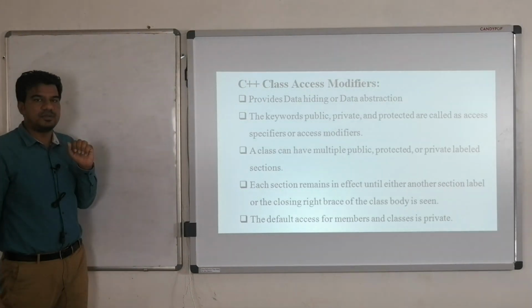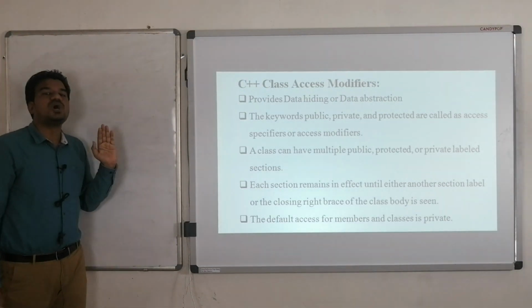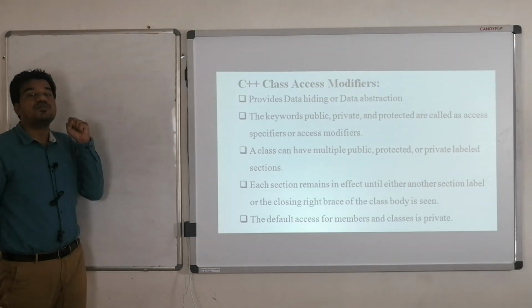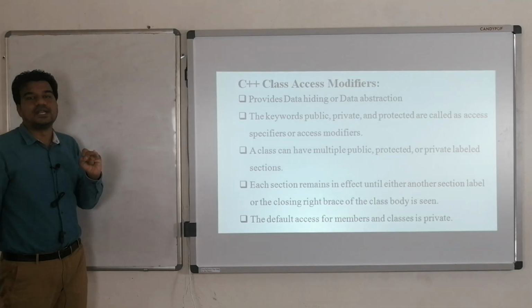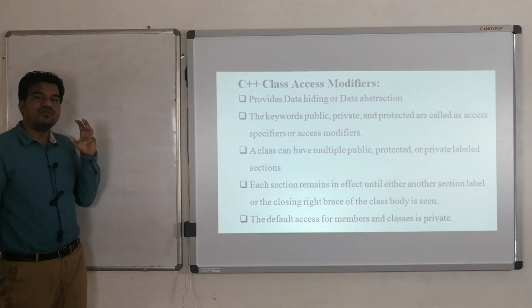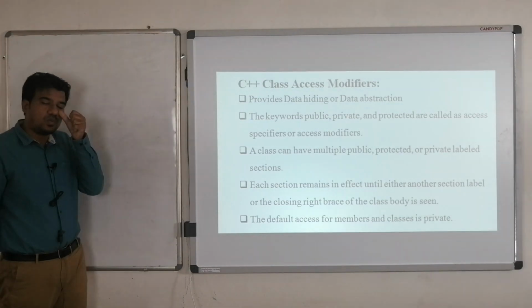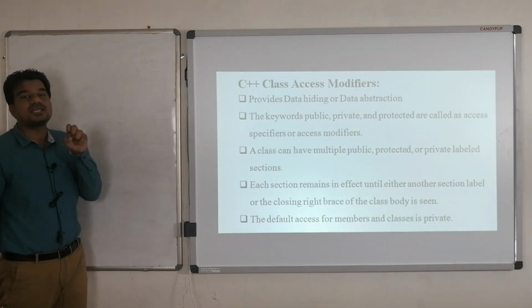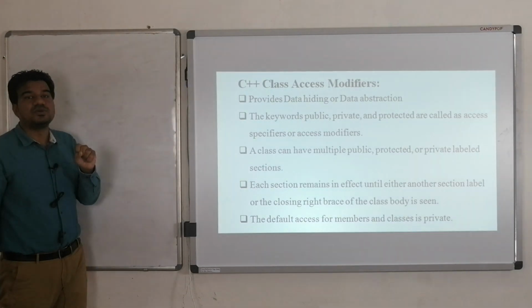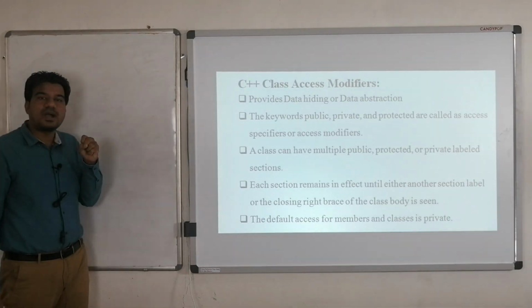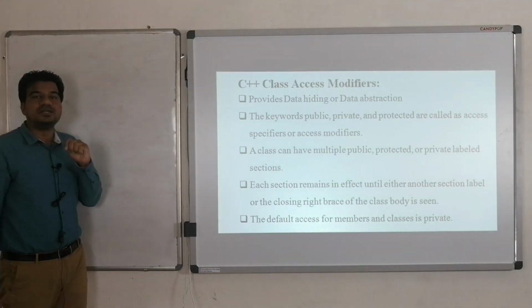But when we talk about object oriented programming, here we give more preference to data. Logic afterwards, isn't it? So when we are giving more preference, we have to provide the security to the data, because data is very important.